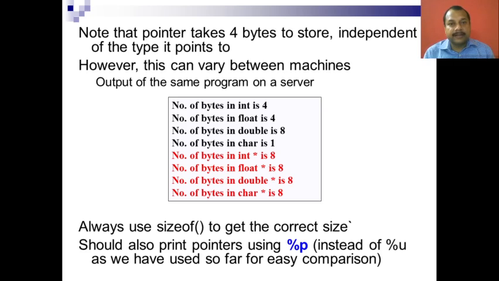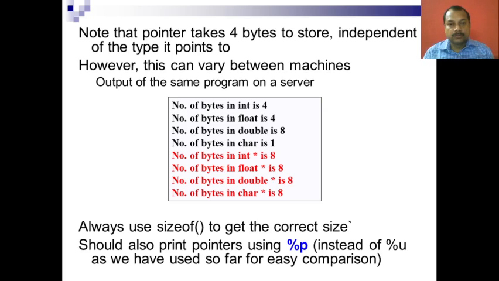Note that a pointer takes 4 bytes to store independent of the type it points to. However, this can vary between machines. Output of the same program on a server may change, and when it is changing, you see this 4 for integer and float, double is 8, character is 1. So on a server, if it is 8, which means the address requires 8 bytes to store. But my point regarding that, it will take the same amount of memory to store the address of any variable irrespective of the data type of the variable.